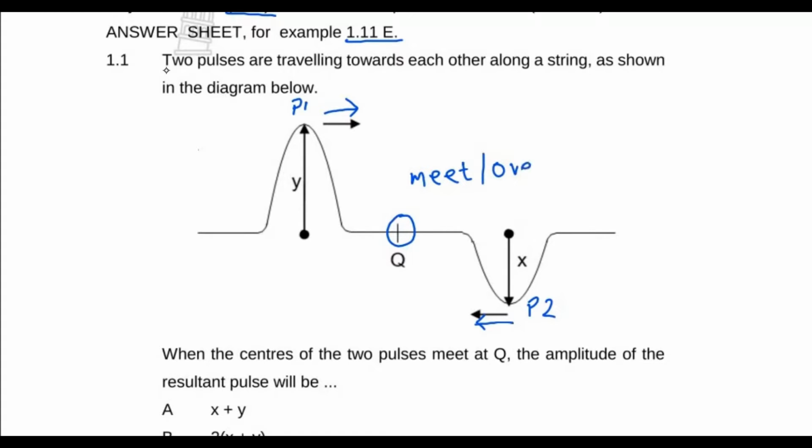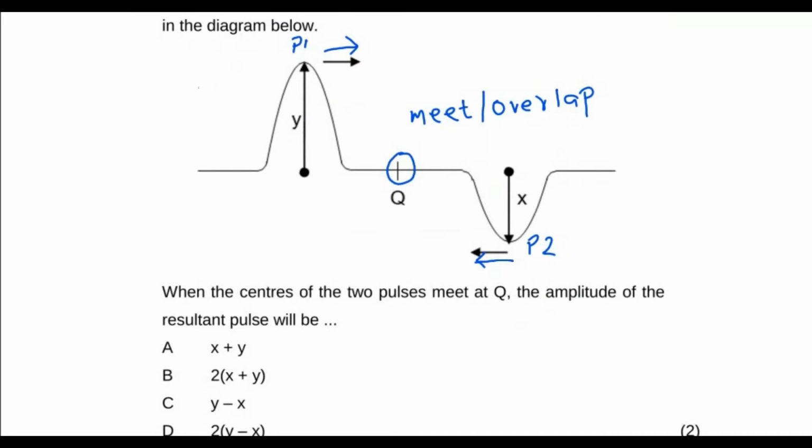They're going to meet or overlap. Now, when they do meet, when the centers of these 2 pulses meet at Q, the amplitude of the resultant pulse will be. So we need to determine what the amplitude is going to be when they meet at that point that was indicated as Q.